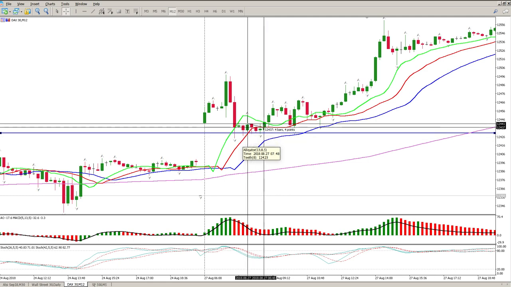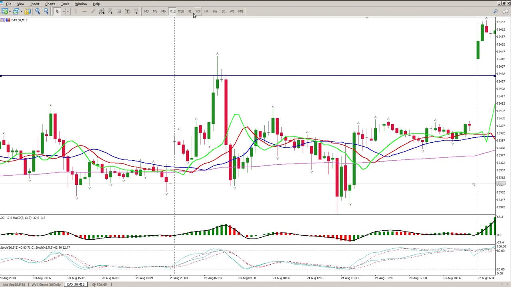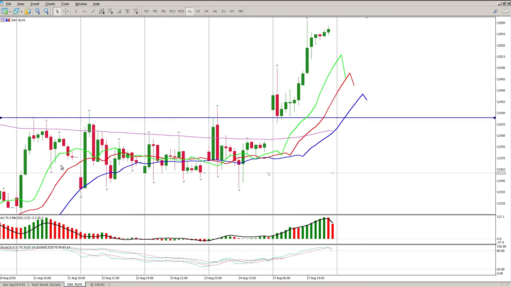And letting it run, assuming that we had broken out of this range. In other words, this was the top of the range, and we've had a breakout and a retest of the break to remove the upside.